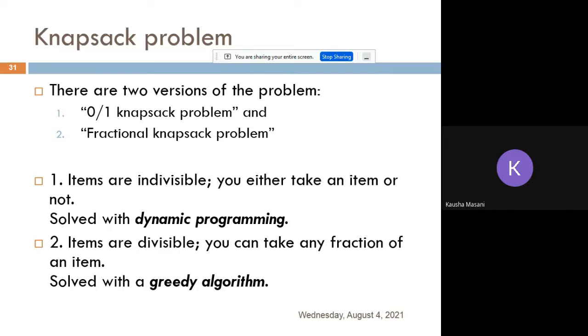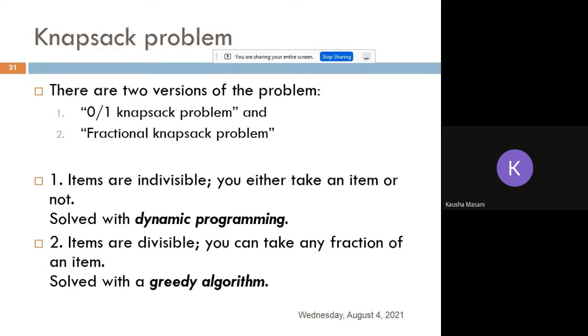Now, why 0, 1 and why fractional? Because in the dynamic programming approach, you are either taking the entire quantity of the item or you are leaving it. So that's why 0 or 1. 0 means you pick up nothing, 1 means you pick up everything. You cannot divide that item.